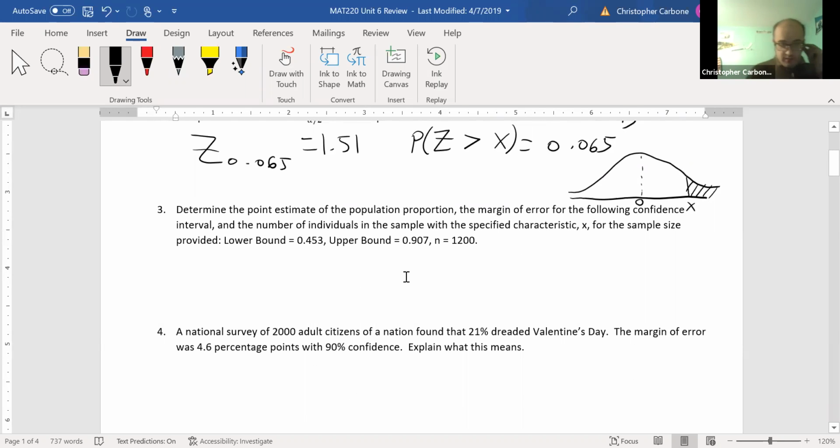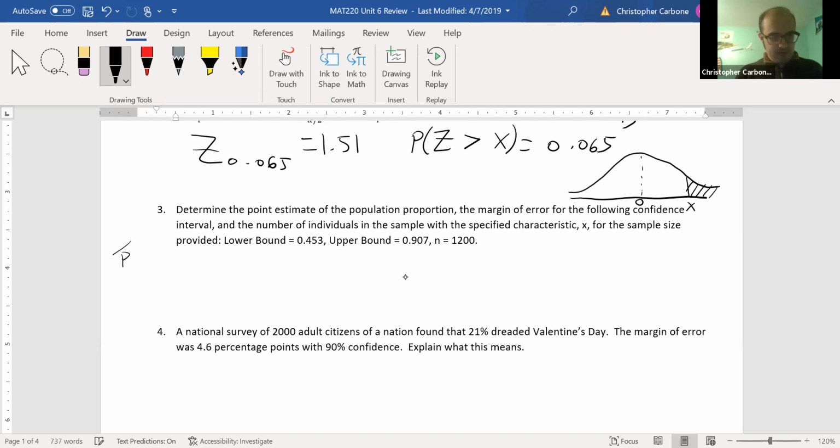The third question, we want to determine the point estimate for the population proportion, the margin of error for the following confidence interval, and the number of individuals in the sample with the specified characteristic, X, for the sample size provided. The lower bound of 0.453, upper bound of 0.907, and a sample size of 1,200.